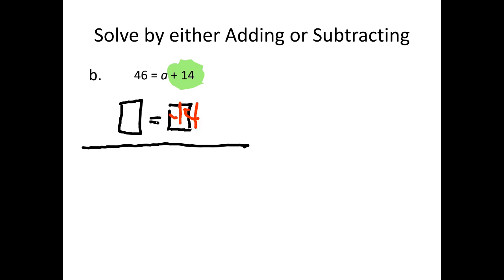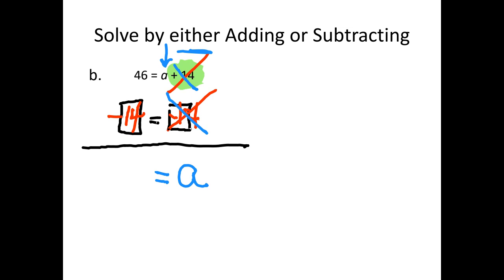This positive 14 and this negative 14 cancel out. And all I have left to the right of this equal sign is my A. These have canceled out using the additive inverse property. We're doing the opposite. Notice either adding or subtracting. Well, in front of the 14 is a positive. We do the opposite. And then on this side, I have a positive 46.